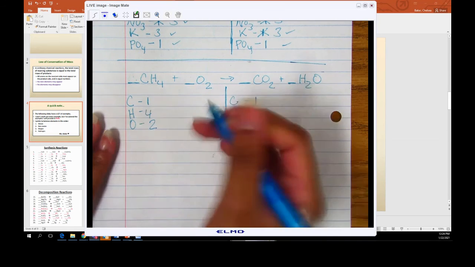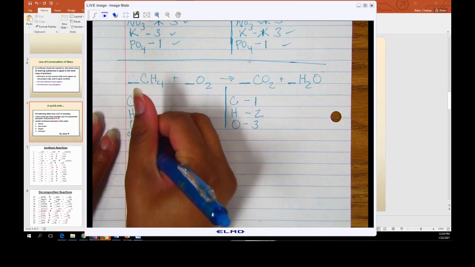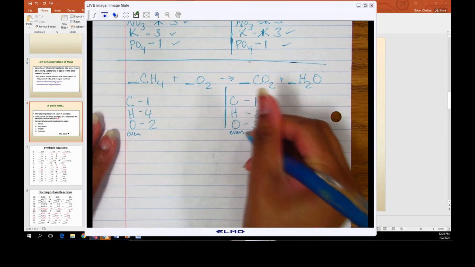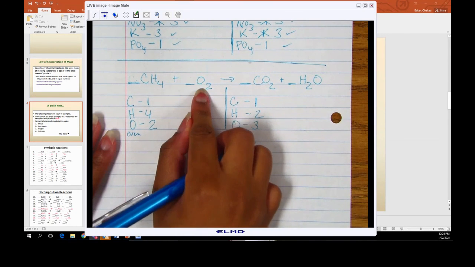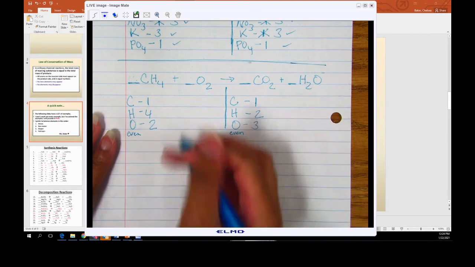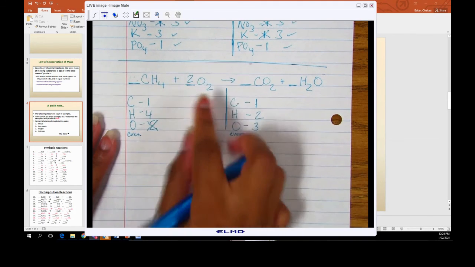So whatever number I end up choosing, I know that my oxygens are going to have to be evenly numbered, just by nature of this being O sub 2. For now I'll place a 2 here, and that'll change my count on oxygens to 4.